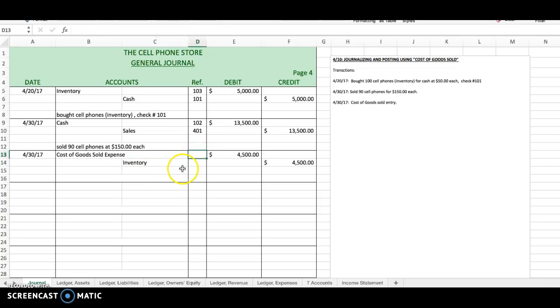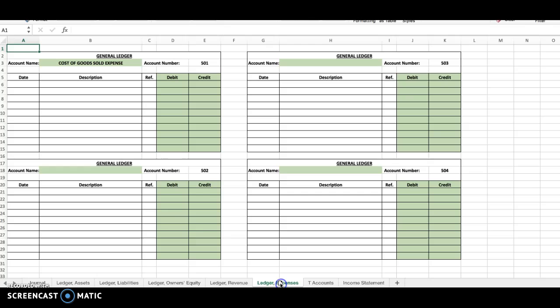So let's post this one. This is an expense account, cost of goods sold expense, and we go to that, and I put this in for you. We have now an account for cost of goods sold, and this came from journal page 4, and this is a debit of $4,500.